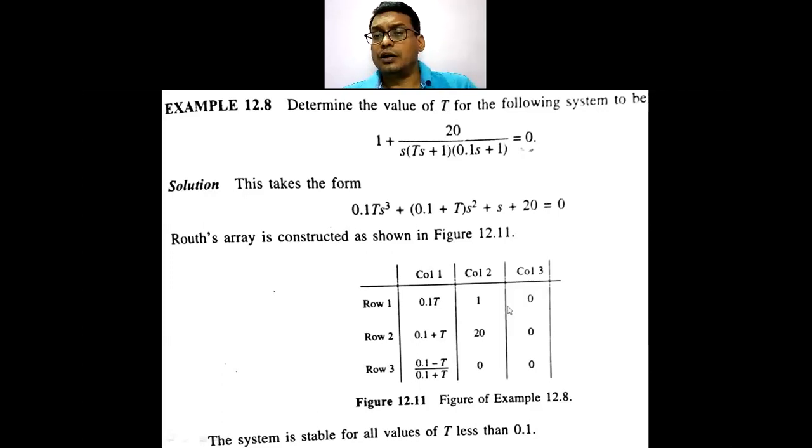Now you have to determine the value of t for the stable system, so this has to be equated to 0. I can go up to the number of rows n plus 1, this is for the third rule.